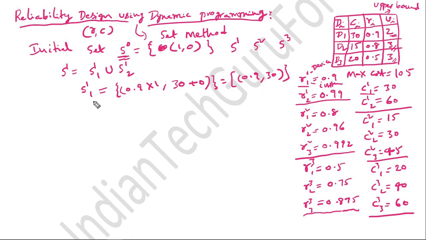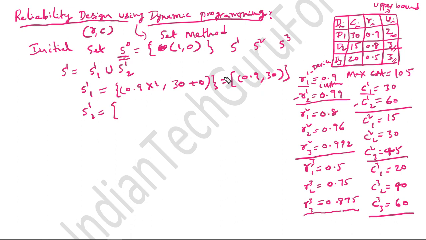Similarly, we need to calculate S power 1 suffix 2. For calculating S power 1 suffix 2, we need the values of R power 1 suffix 2 and C power 1 suffix 2. So using the S power 0, we can calculate S power 1 suffix 2. The method is same.